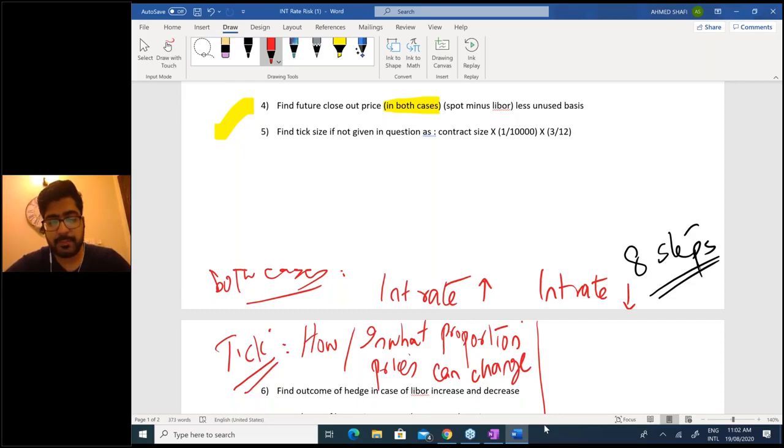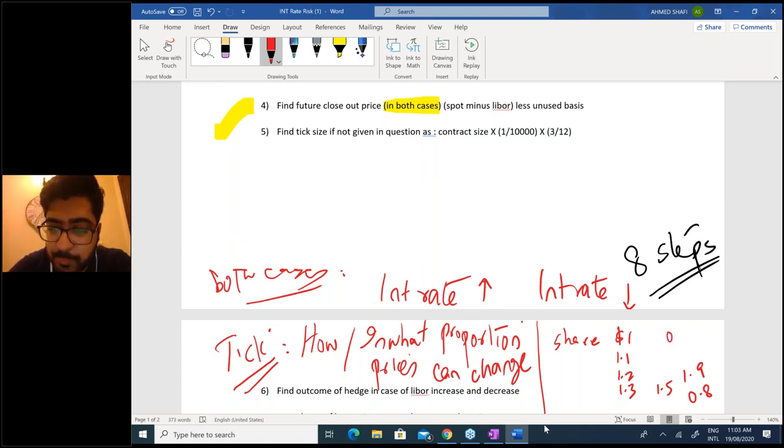Let me explain to you through an example. Now, if you see US stock markets, let's suppose the price of a share is $1. How can the prices move? It becomes 1.1, 1.2, 1.3, 1.5, 1.9, 0.8. The prices can fluctuate just by 0.1 each.